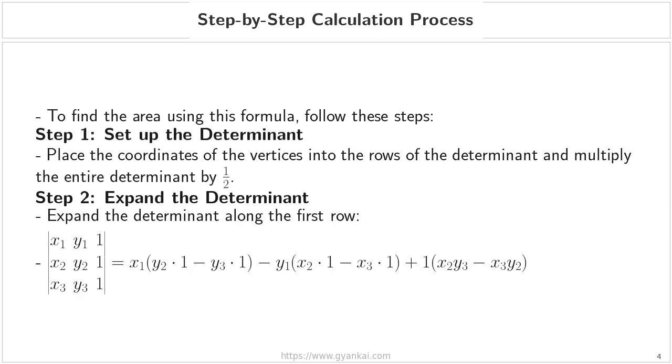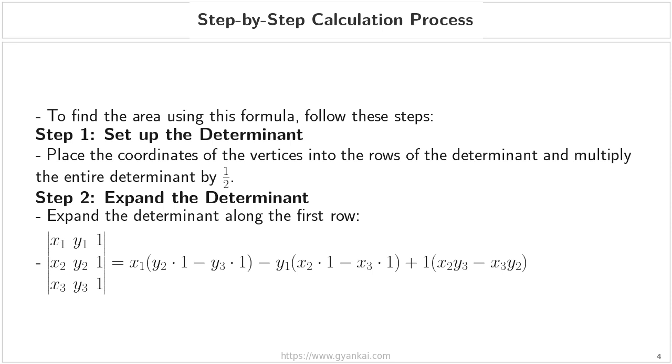Moving on to step 2, we need to expand the determinant. We usually expand along the first row to make things easier. When you do this, you'll multiply the first x-coordinate by the determinant of the remaining 2x2 matrix, then subtract the product of the first y-coordinate and its corresponding 2x2 matrix, and finally add the product of our constant, 1, and its remaining 2x2 matrix.